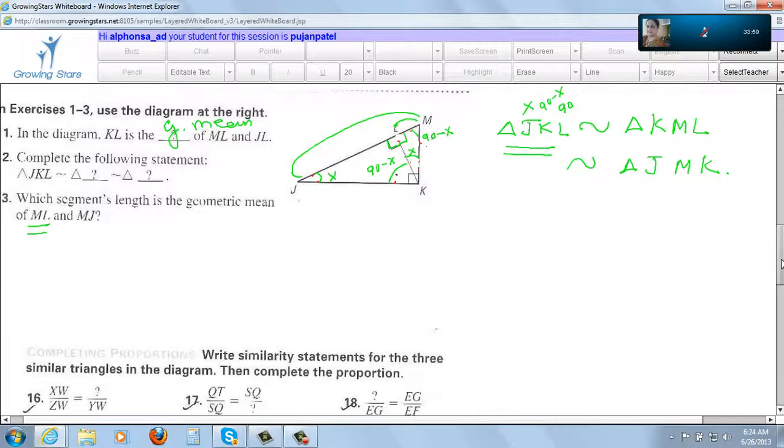Because you take the altitude which is adjacent to ML, or ML is the segment over here.